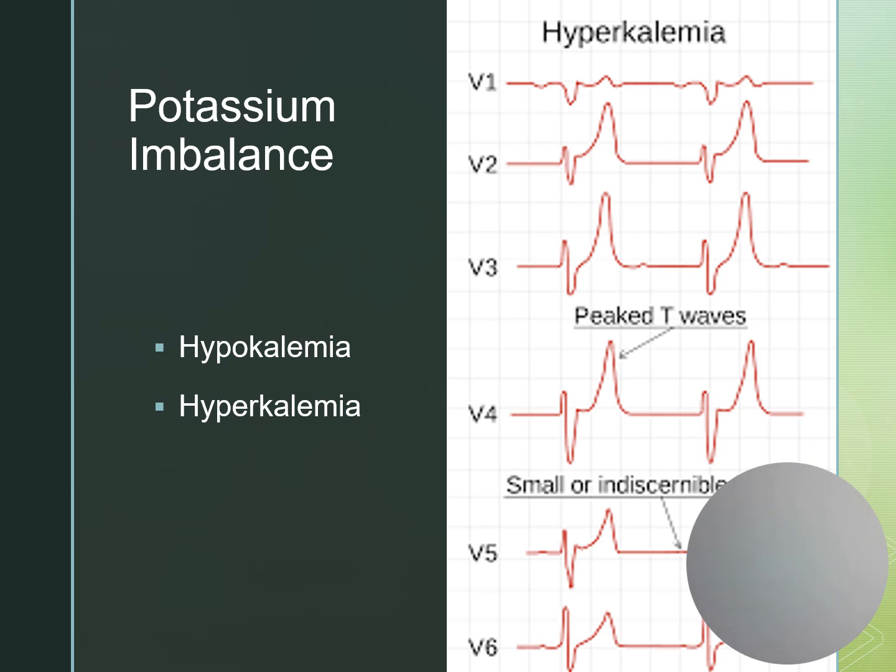We treat it by decreasing their potassium intake, administration of insulin and glucose, Kayexalate, and we'll talk about Kayexalate next semester, but this is a medication called sodium polystyrene that is going to help us excrete potassium if our kidneys are not working. Peritoneal dialysis or hemodialysis can also help us get rid of extra potassium.